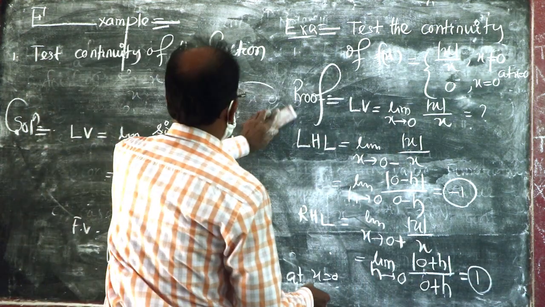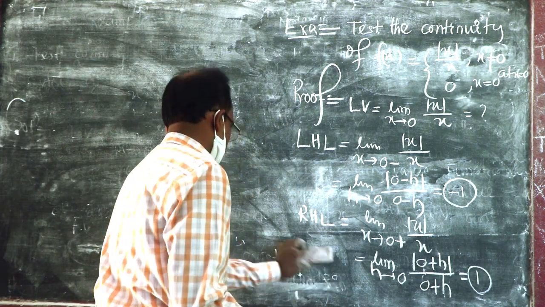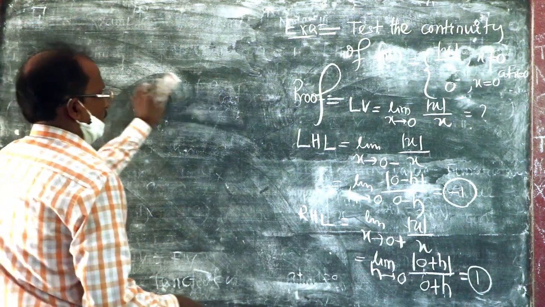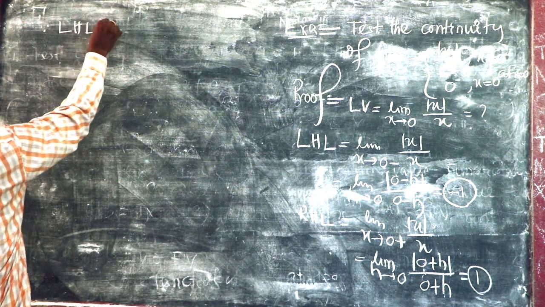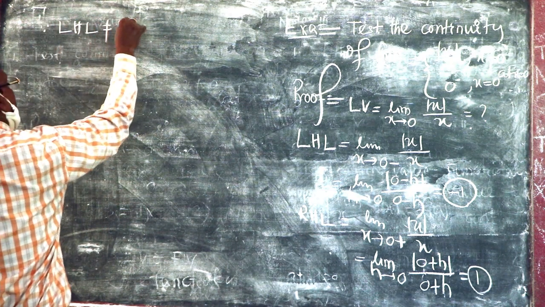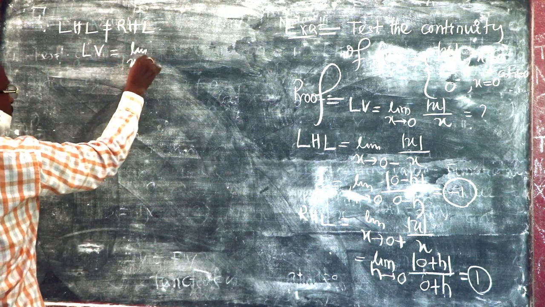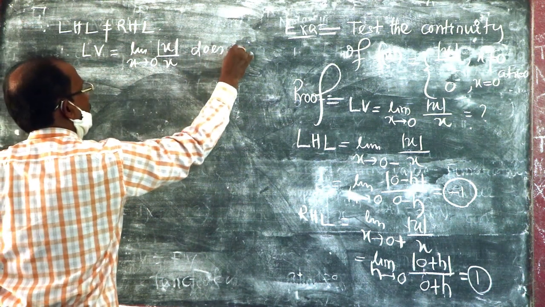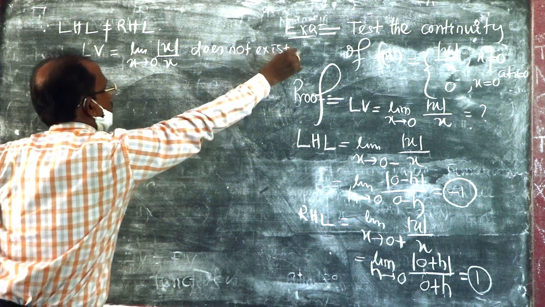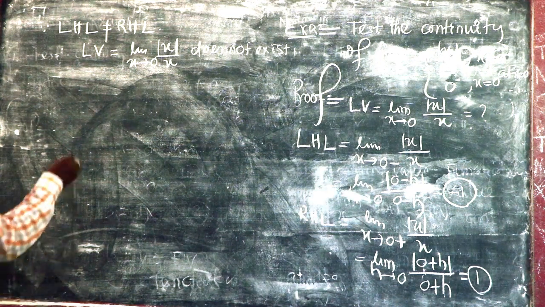Since LHL is not equal to RHL, therefore the limiting value, limit x tends to 0 of mod x by x, does not exist. Since the limiting value does not exist, the function is said to be discontinuous.